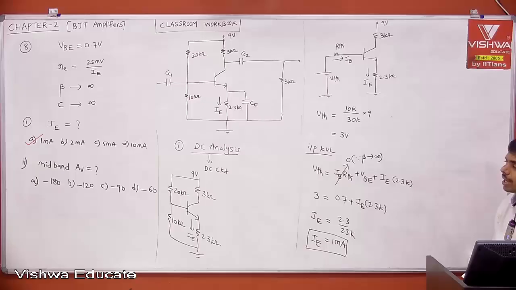And the second bit is related to AC analysis. Then we need to consider the AC circuit. If you consider the AC circuit, you will get a common emitter amplifier. Then we need to apply the formula and calculate the voltage gain. Okay.